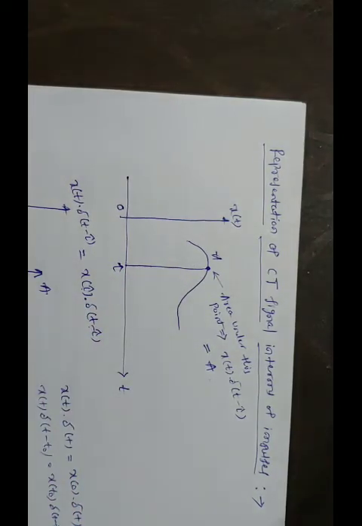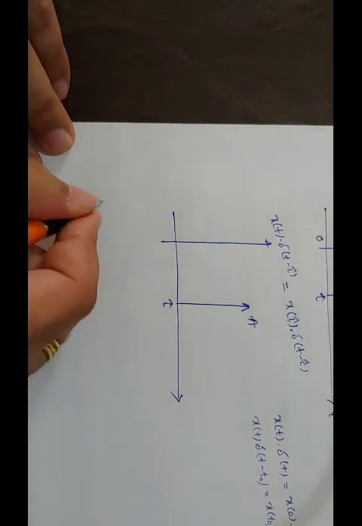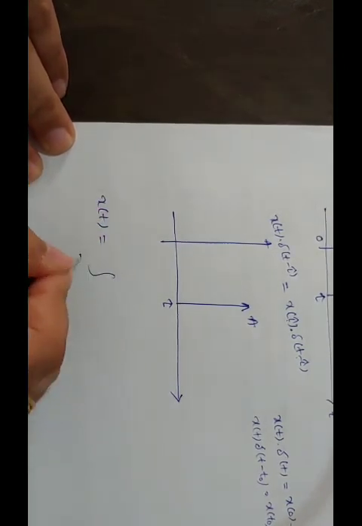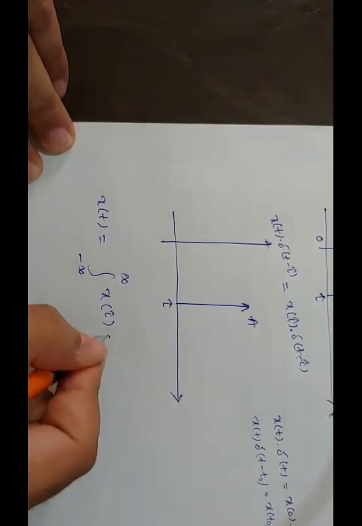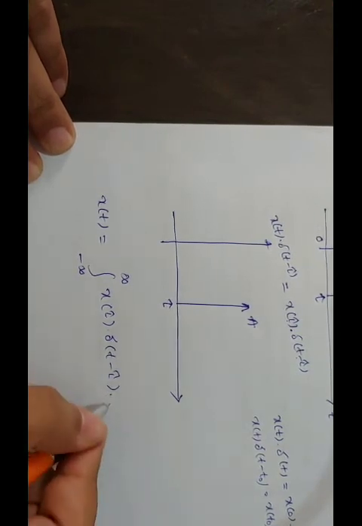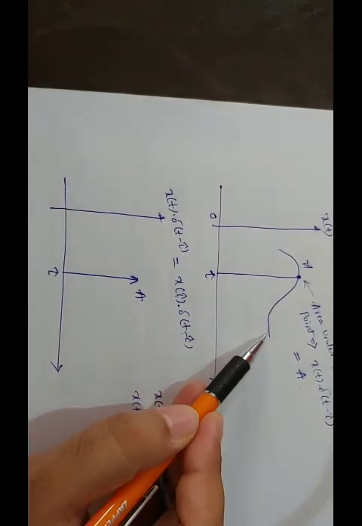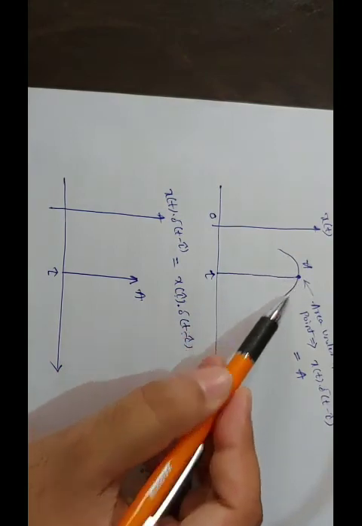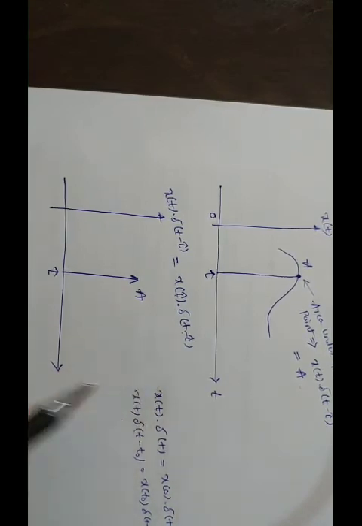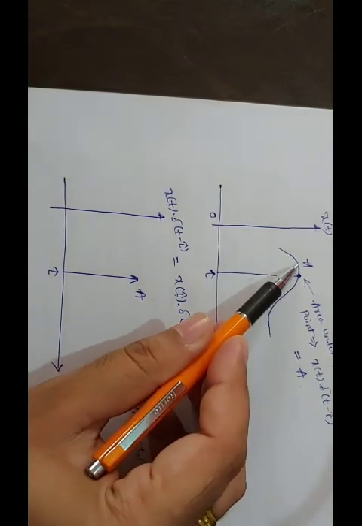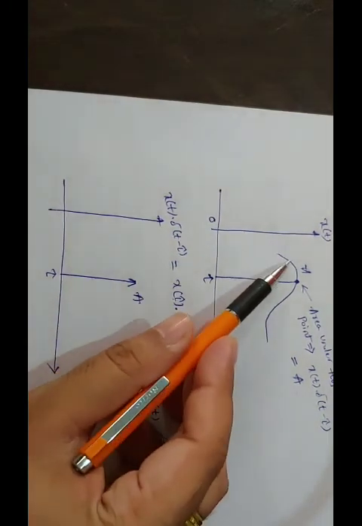So then I can represent this entire signal x of t in terms of the delta function as x of t equal to the integration from minus infinity to infinity of x of tau delta of t minus tau d tau. Integration we have taken because the signal x of t is continuous, so it has an infinite number of points. A single point I have represented as x of tau into delta of t minus tau. Similarly, if there are infinite number of points and I add all those, then I get my signal x of t.